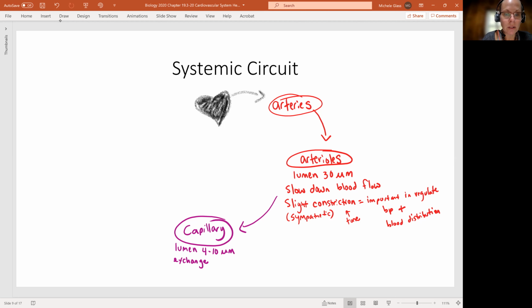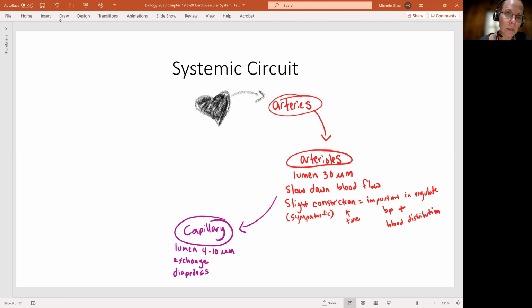This is one of our locations where we can get diapedesis, which remember is our term to talk about those white blood cells that can squeeze in between the cells of the capillary and go out into circulation. We're going to see these are super tiny vessels.